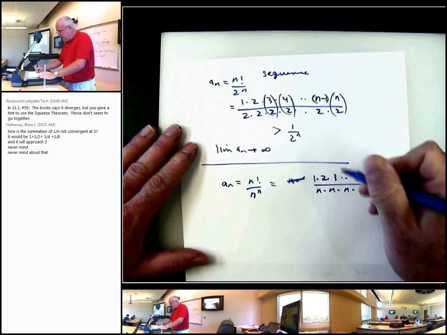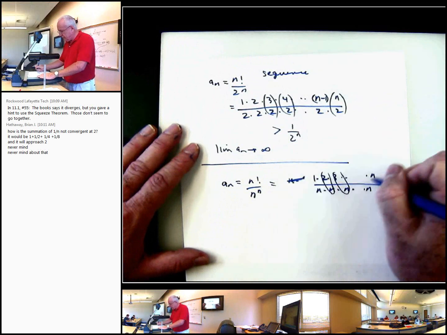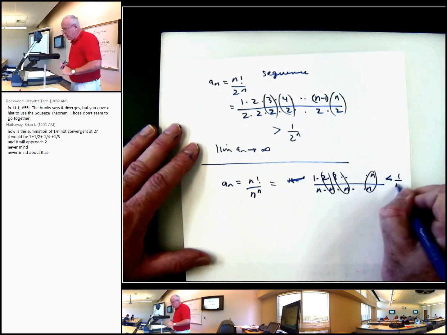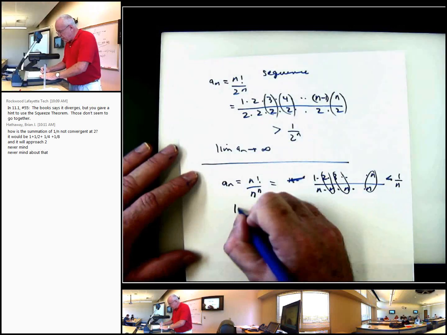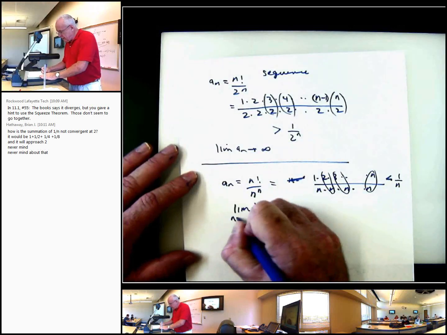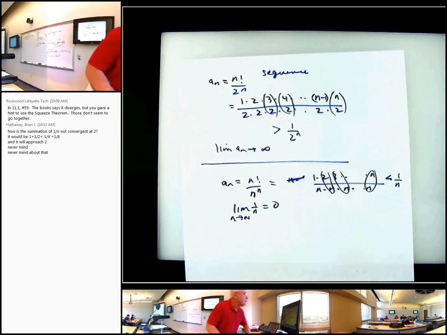And then these are all going to be, this is less than 1, this is less than 1, this equals 1. This is all less than 1 over n. And then we could use the squeeze theorem because the limit of 1 over n as n goes to infinity is 0. But I don't know why I said it the reverse.